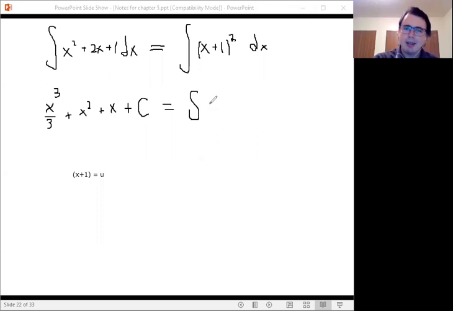If I did that, I would have the integral of u squared dx. That doesn't quite look right. The differential in my integral symbol is telling me what variable matters, and as written, that's supposed to be x.